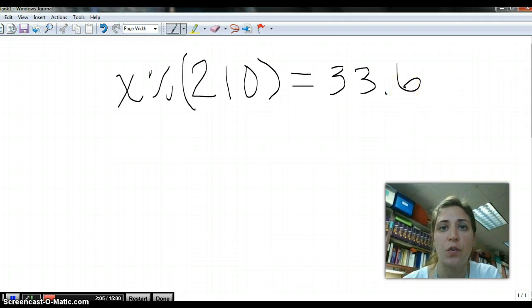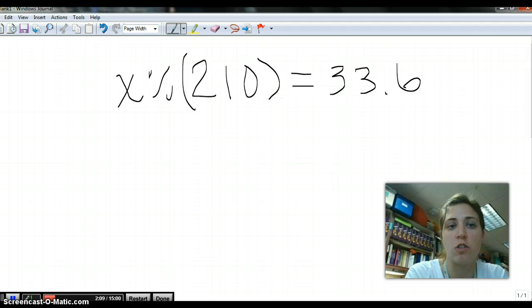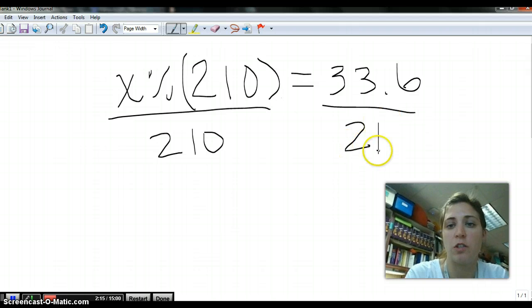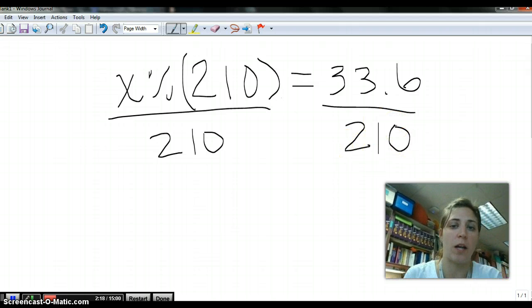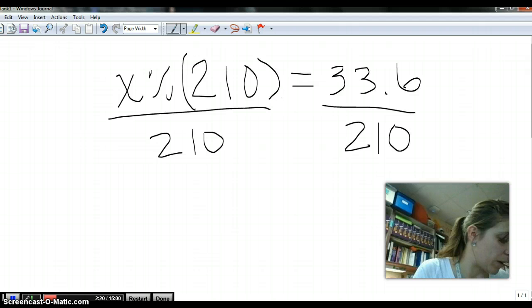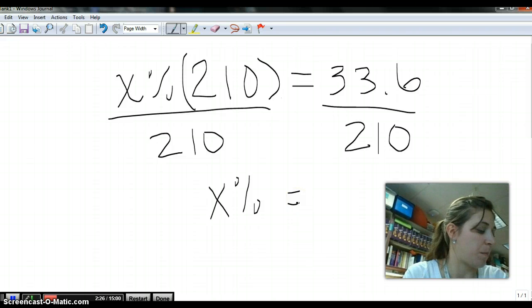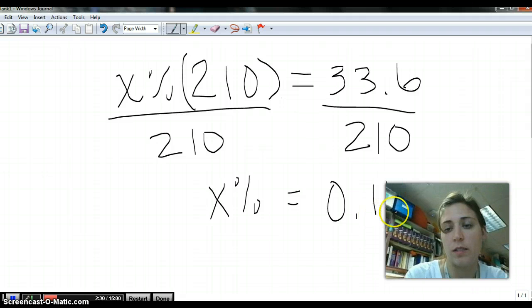Okay, so for this problem, again, since I'm multiplying on my left-hand side, all I need to do is divide to make it a 1% x, so divided by 210. And when I take 33.6 and I divide it by 210, I get x percent equals, what does it equal here? 0.16.